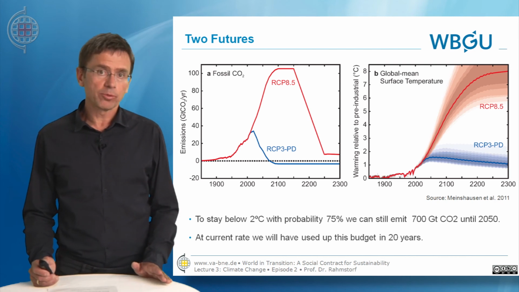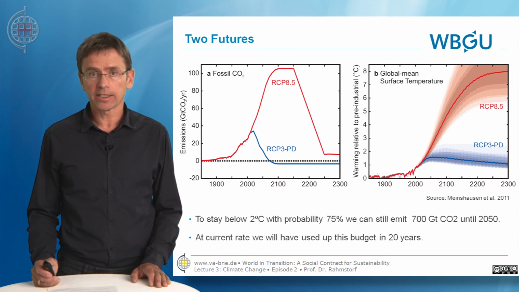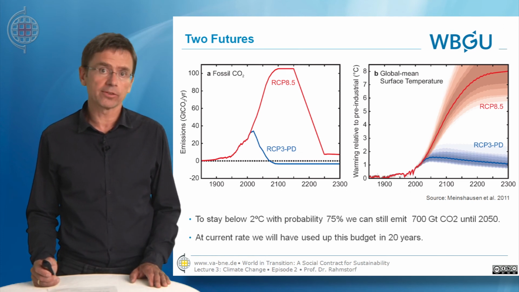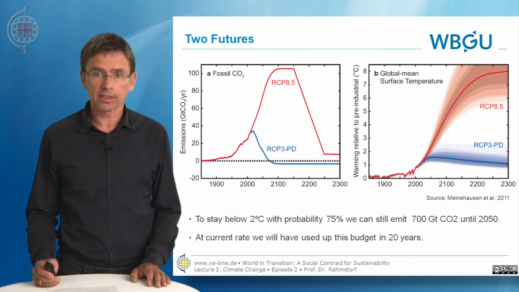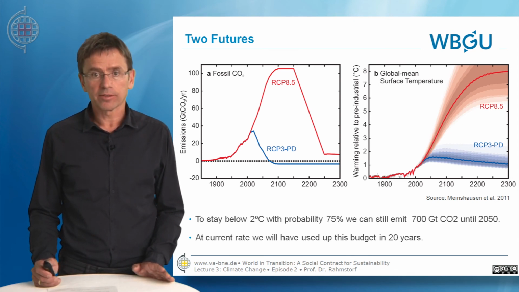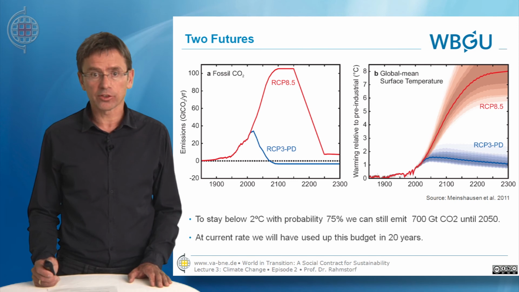But the key point to remember is that a large fraction of the CO2 we emit today will still be in the air in hundreds of years, even in thousands of years. That's why the total amount we can emit is limited. If we want to stay below 2 degrees, this is limited to about 750 billion tons by mid-century and less than 1,000 billion tons by the end of the century.